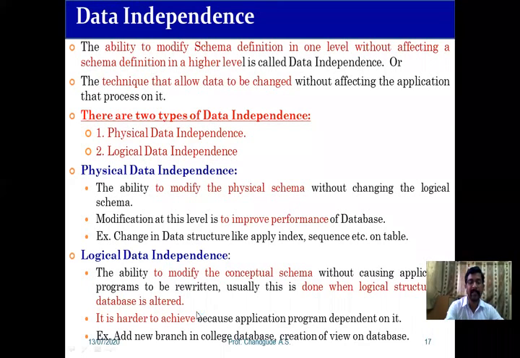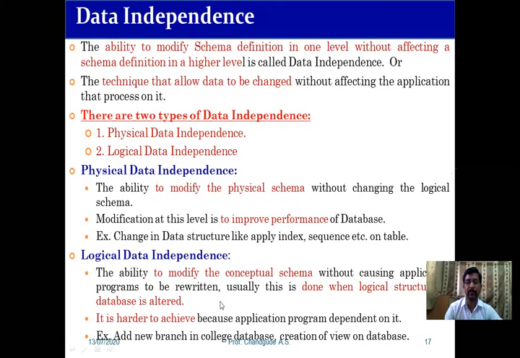There are a number of examples of logical data independence. Some of the selected examples are: suppose we want to add a new branch in the college database. If you are managing that college database, and from the upcoming year a new branch should get added or started in that college, at that time we need to add that branch in the existing college database also.